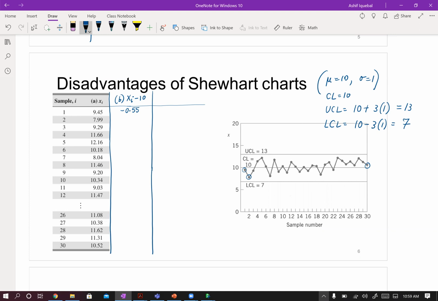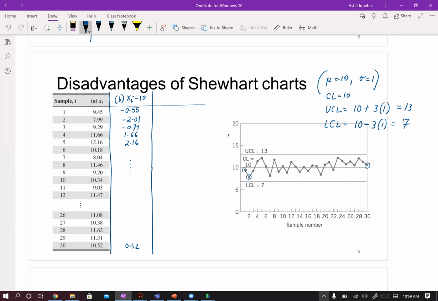Second is 7.99 minus 10, which is minus 2.01. Similarly, I can keep writing these values: minus 0.71, 1.66, 2.16, and so on until the last sample, which will be 0.52. So I have just subtracted the mean from all of these observations.